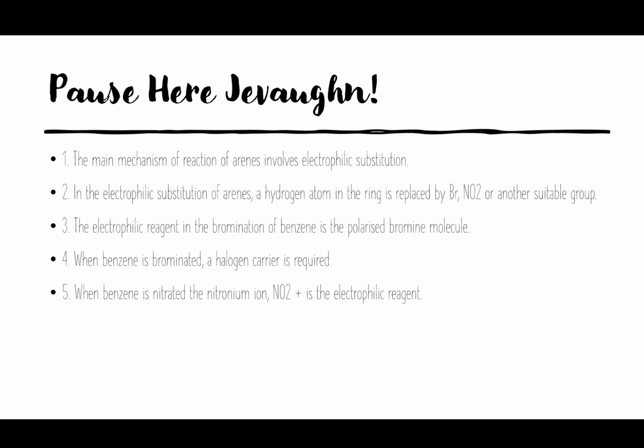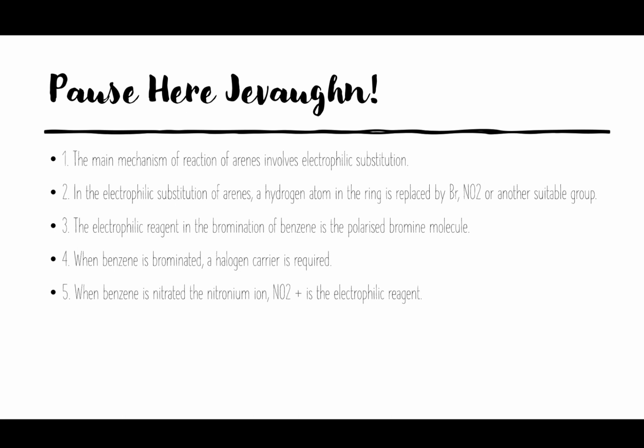Okay, so in electrophilic substitutions of arenes, a hydrogen atom in the ring is replaced by bromine or a nitronium ion, or another suitable group. We looked at that briefly. Hopefully we could remember all of that. The electrophilic reagent in bromination of benzene is polarized by a bromine molecule.